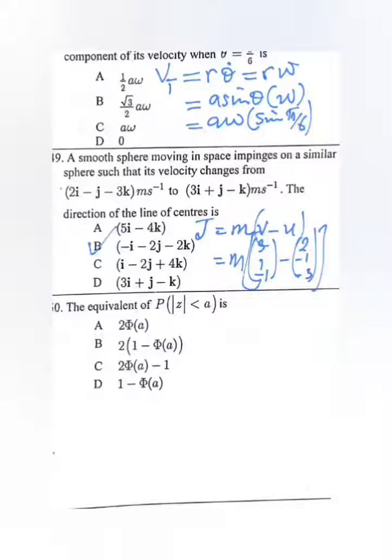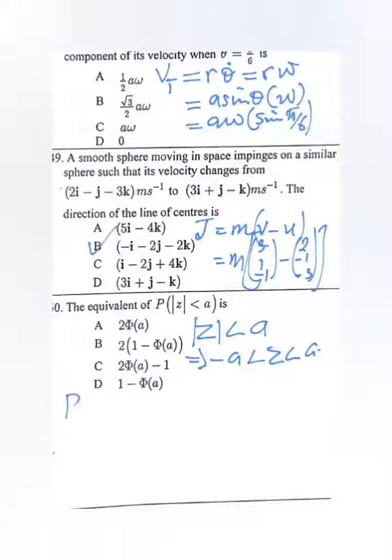In question 50, the last question, the equivalent of P of |Z| less than a is, and we have these options. So we should note that |Z| less than a actually means that Z lies between negative a and a.